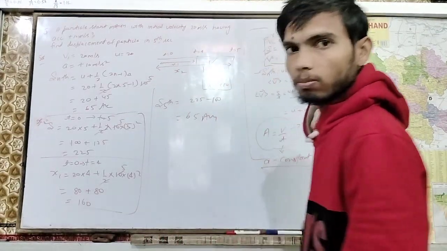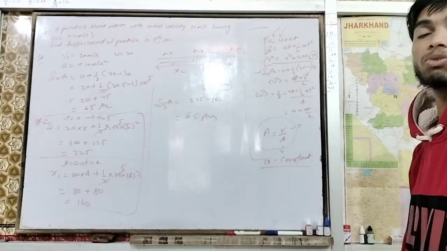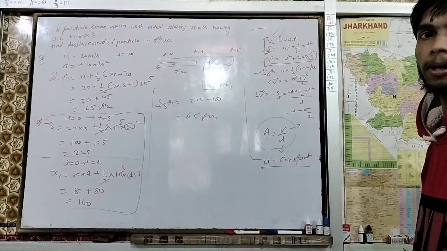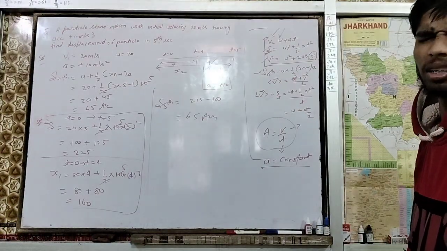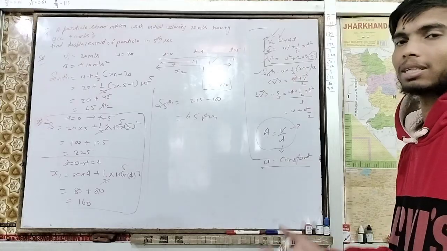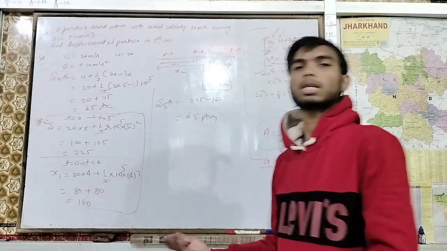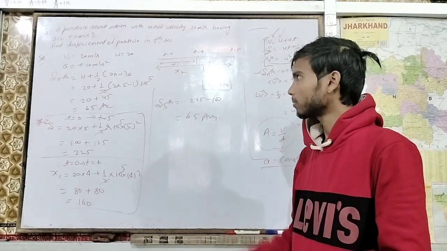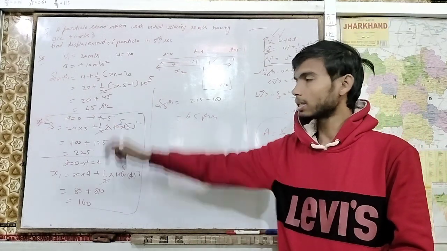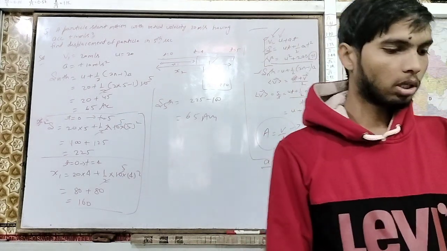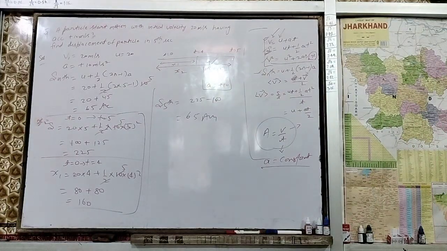This was also a way to calculate the total displacement in the nth second, and this is another method to calculate the same thing. This is your option. What option do you want to select? It depends on you.